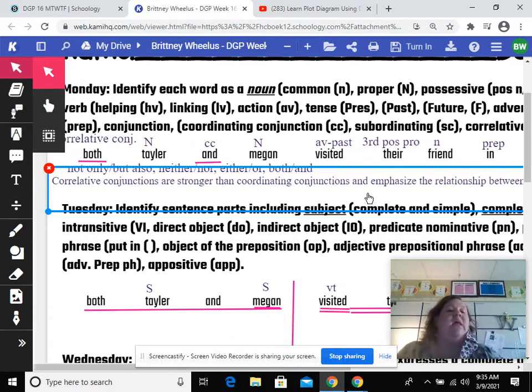Okay, so basically in order for it to be a correlative conjunction, you have to have both of these words in the sentence, okay? And I've listed the pairs of words that you could possibly have. Not only, but also. Neither, nor. Either, or. Both, and, okay? If you have one, you have to have the other for it to be a correlative conjunction.